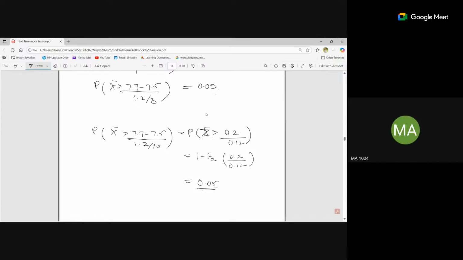So this is for the case when 64 was the sample and I have increased it, so my level of significance will decrease from 0.09 to 0.05. Okay, the threshold is good. So the option will be D.